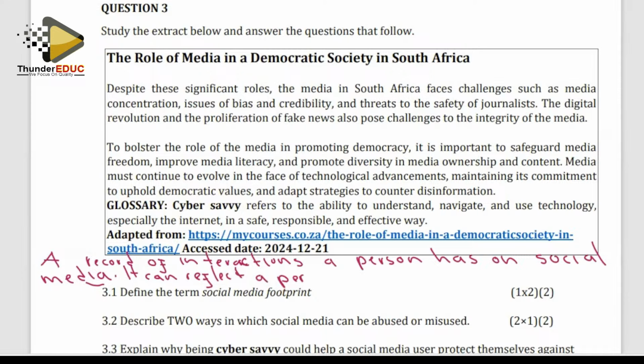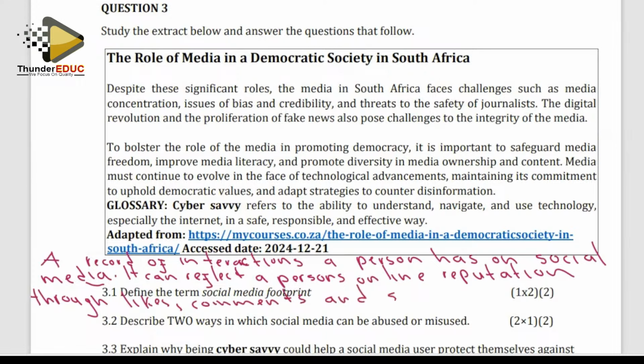It can reflect a person's online reputation through likes, comments, and shares. So social media footprint refers to a record of interactions a person has on social media. It can actually reflect a person's online reputation through likes, what you like, the liking of posts, also the commenting, shares, and other things.